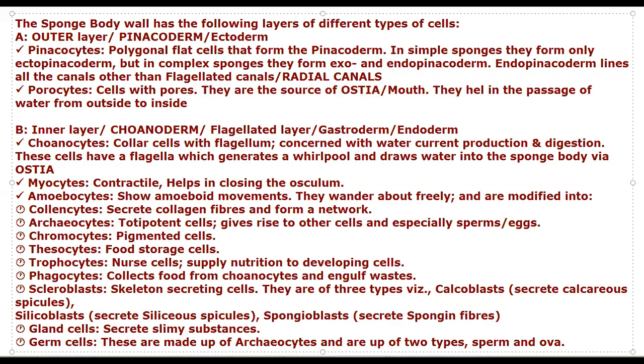So water comes through ostia, but who is bringing it? It is brought by flagellated cells. These cells are the first to receive food and digest it also. So they receive food and also digest it.